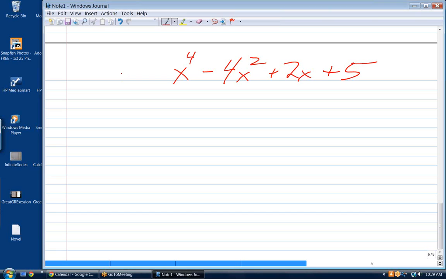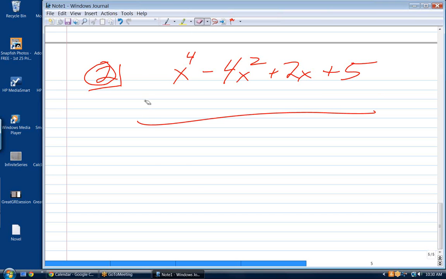Okay, x minus 2 means that positive 2 goes there. In other words, the solution would be x equals 2, and you put your solution in the box there. And you use just the coefficients, and then you drop it down.